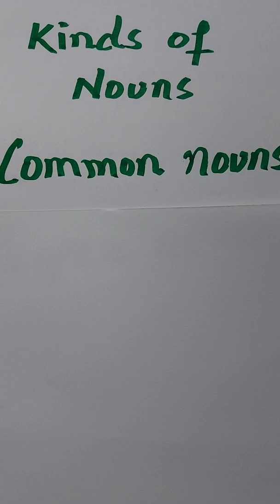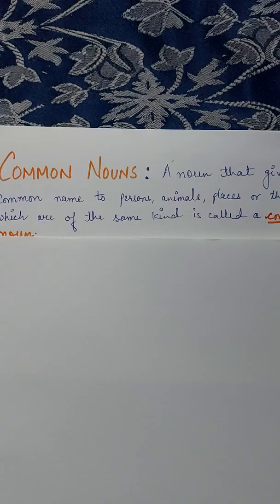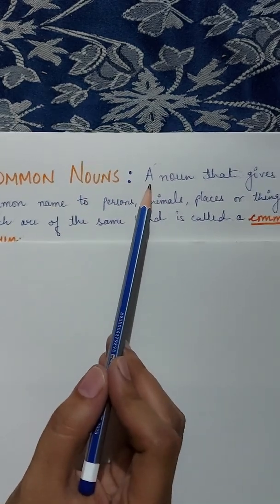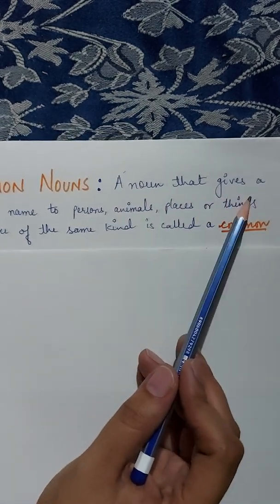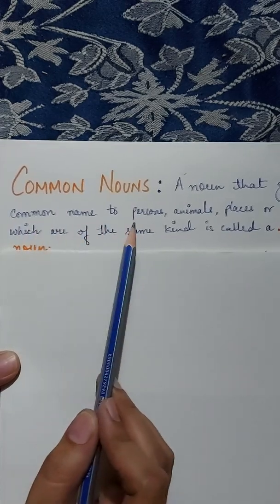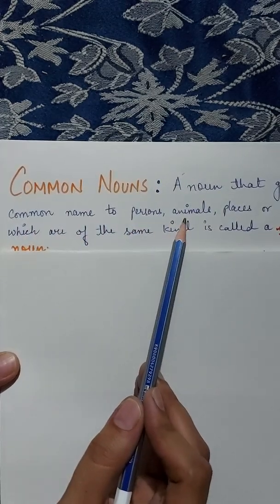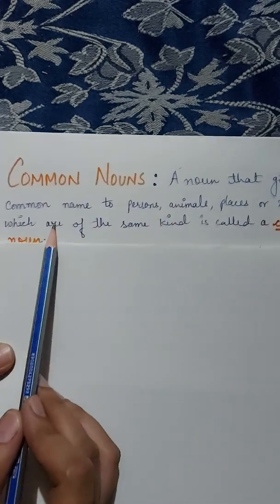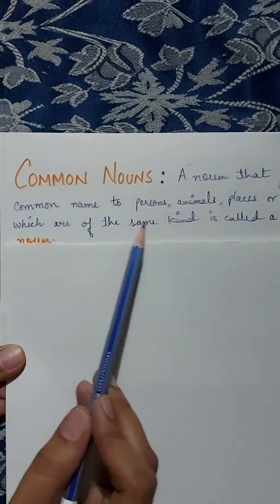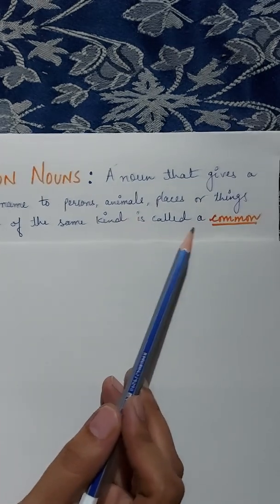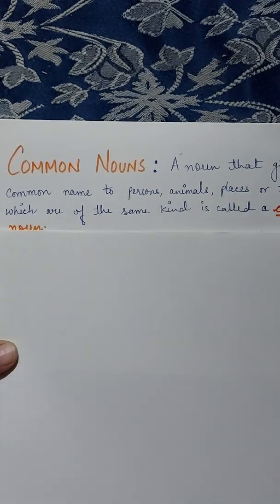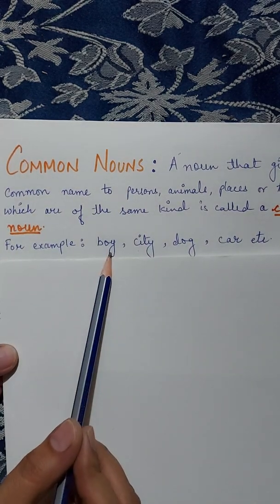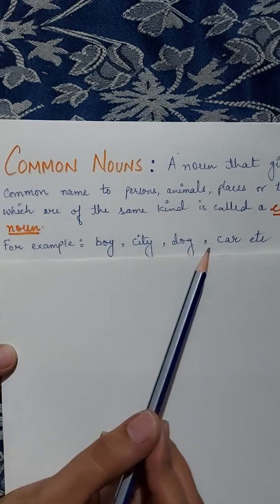So, we can say that a noun that gives a common name to persons, animals, places or things which are of the same kind is called a common noun. For example, boy, city, dog, car.